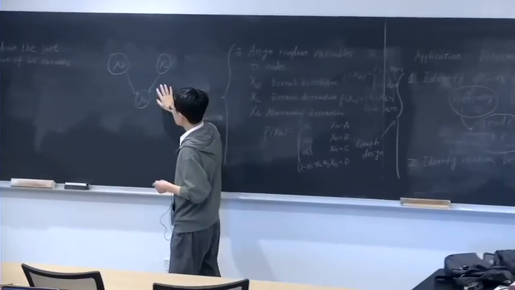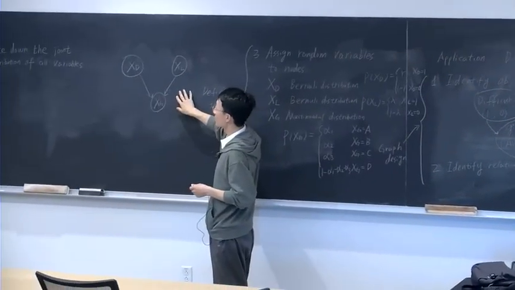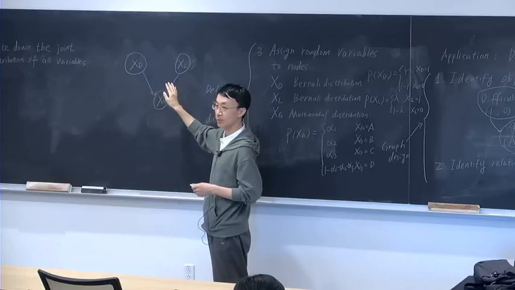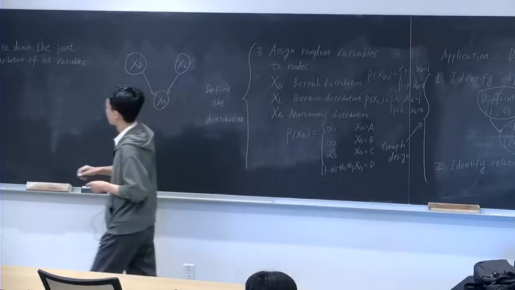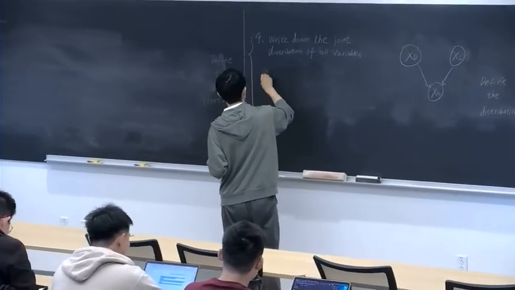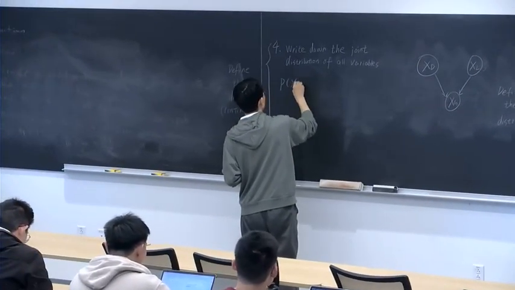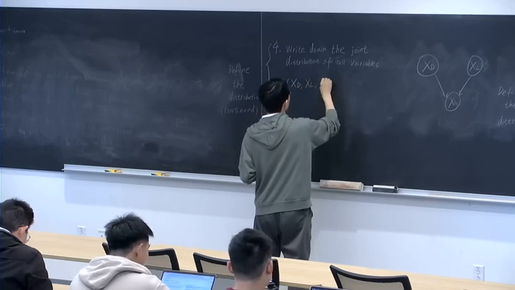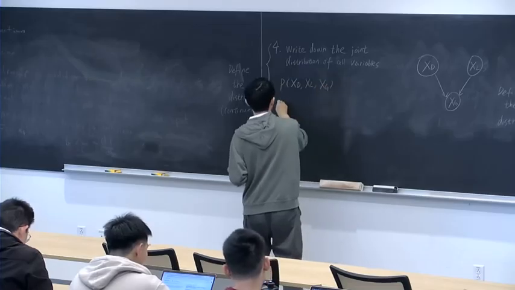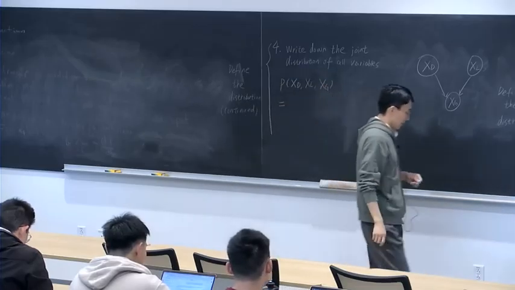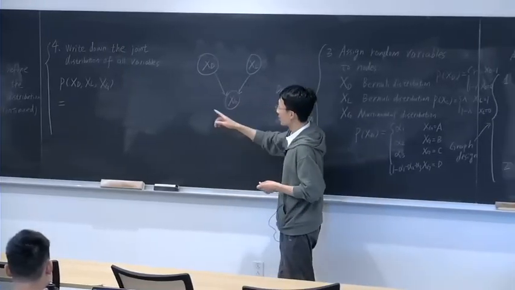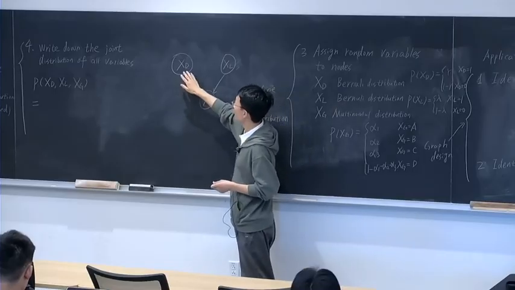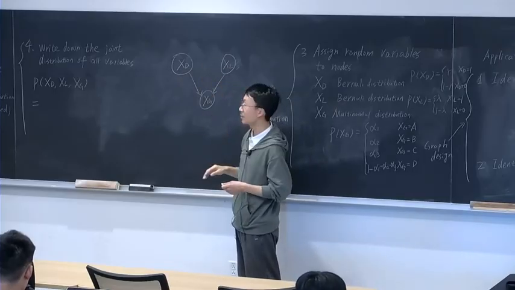Given this graph of random variables, we can directly write down the joint distribution of all the 3 variables. It's an easy process. So the joint distribution of xd, xl, and xg equals... The procedure for writing down the joint distribution is like this. We look at all these nodes one by one.